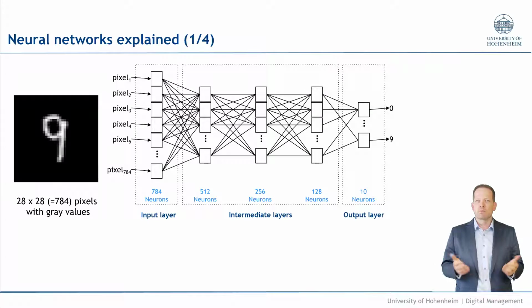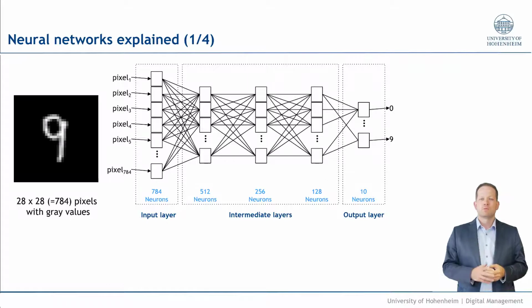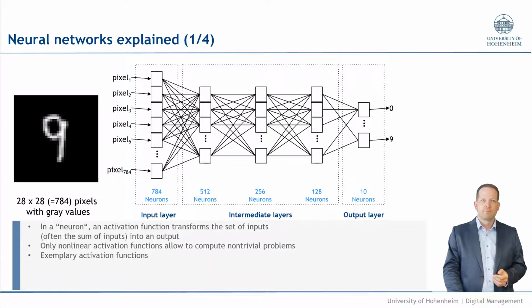And then we have the output layer, in this example with 10 neurons, and they for us represent the outcome, the 0 to 9, the 10 different digits which can be the result. Now this is the high-level structure of an artificial neural network. It has multiple layers, at least input layer and output layer, probably and typically intermediate layers, and in each of these layers it has these artificial neurons, and they are connected to the ones in the next layer.